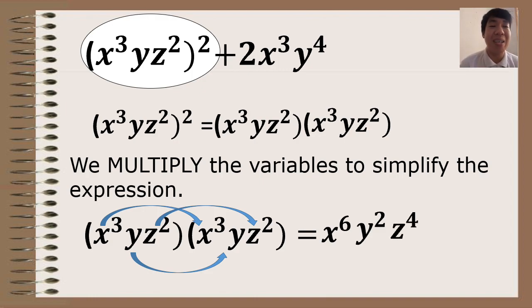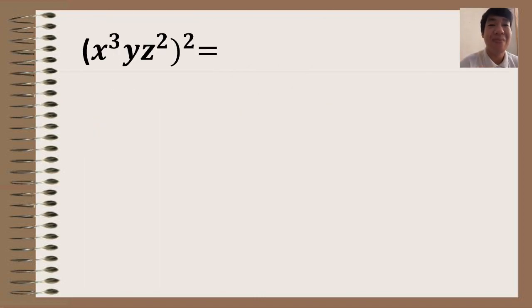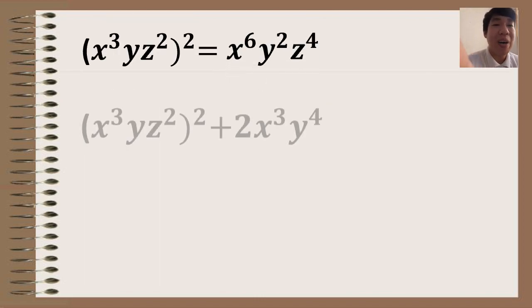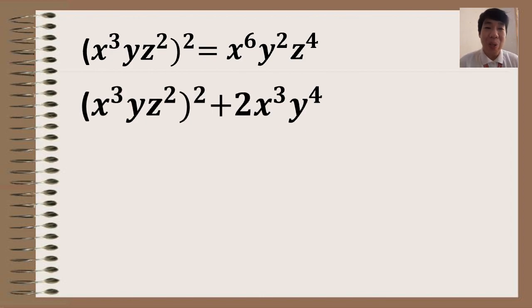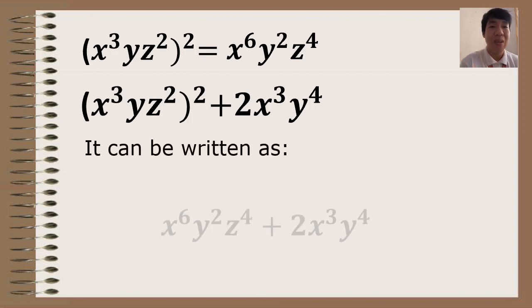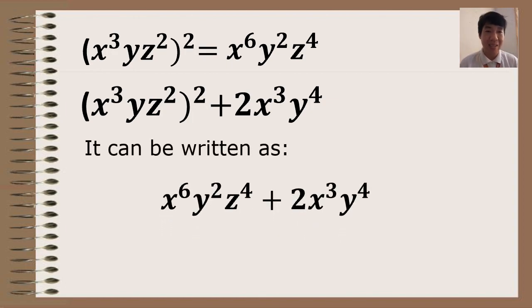So we have the simplified expression as x raised to 6, y squared, z raised to 4. So, it is a simplified version of x cubed yz squared quantity squared plus 2x cubed y raised to 4. It can be written as x raised to 6, y raised to 2, z raised to 4 plus 2x cubed y raised to 4.